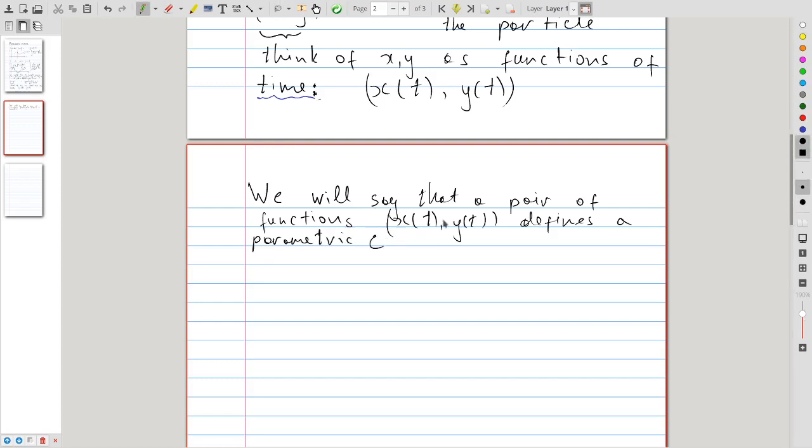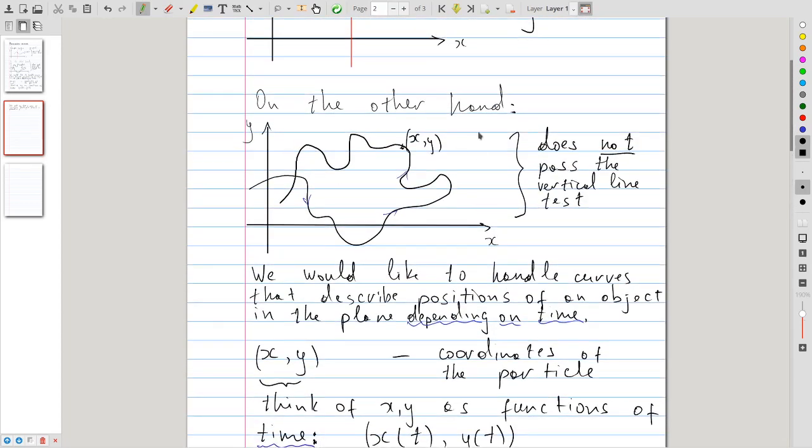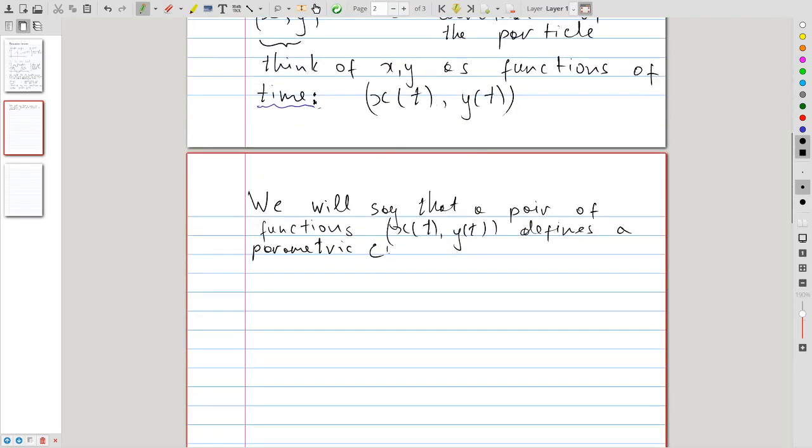In the sense that if you take these two functions and trace them in the xy plane, treating t as time, you will obtain the trajectory of a certain object moving in the plane. And so this is the definition of a parametric curve.